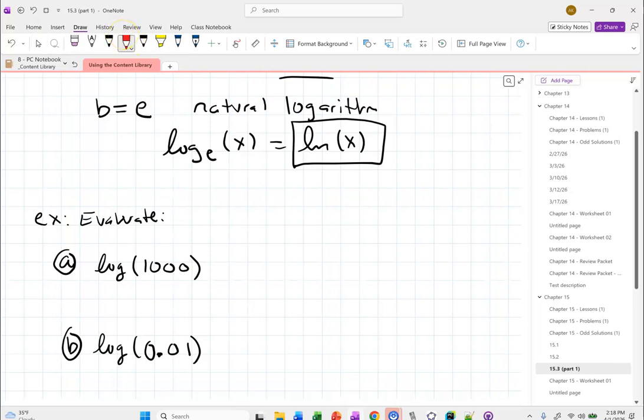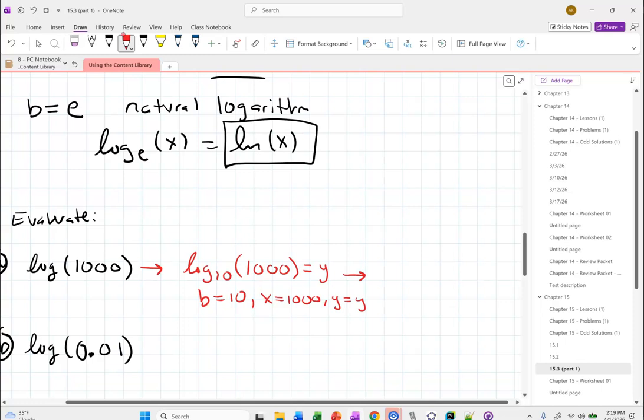All right, so let's do some examples here using these notations. So I have log of 1,000. What base is log of 1,000 going to be? Base 10. Remember, there's a 10 there that we don't write. So if I set that equal to y, I have now a logarithmic equation that I could translate into an exponential equation.